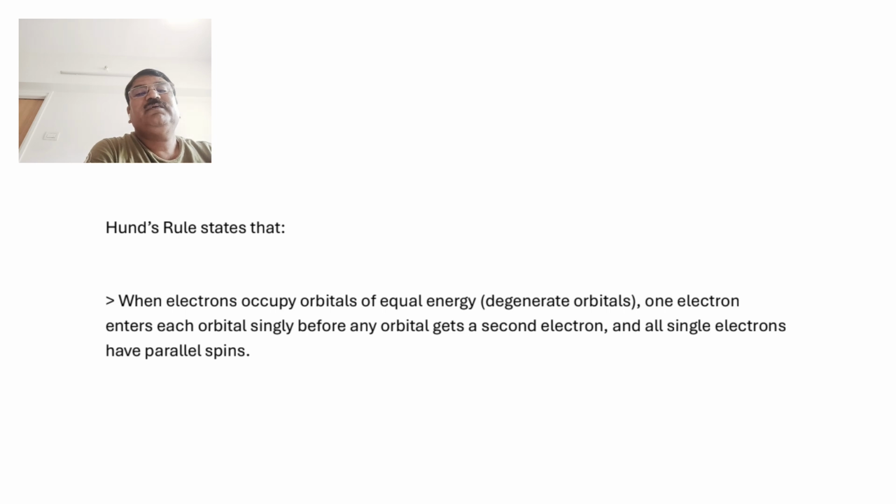See the statement. When electrons occupy orbitals of equal energy, one electron enters in each orbital singly before any orbital gets a second electron, and all single electrons have parallel spin.